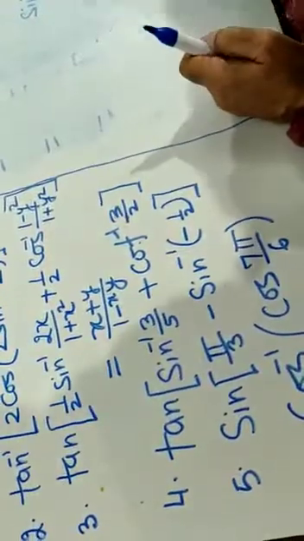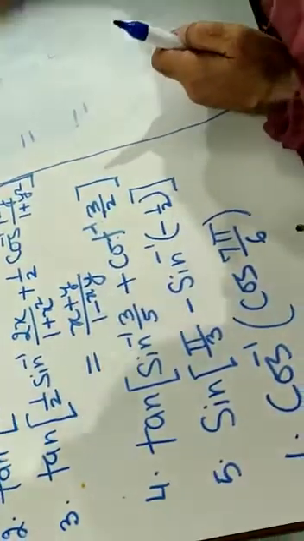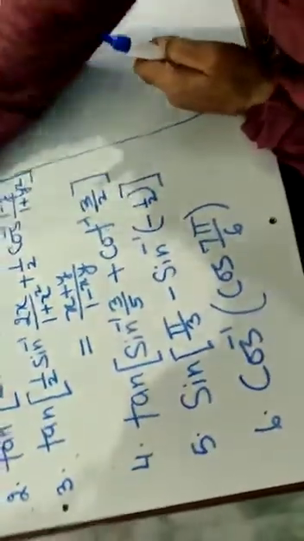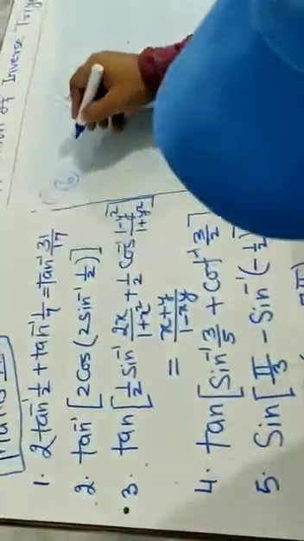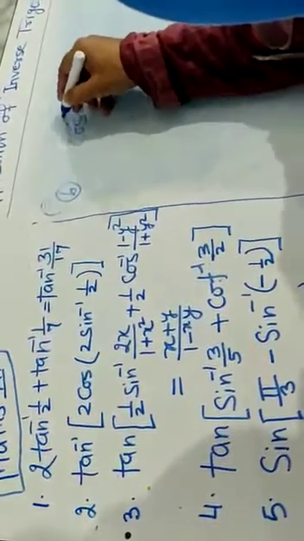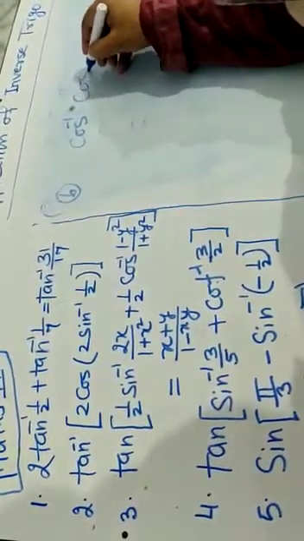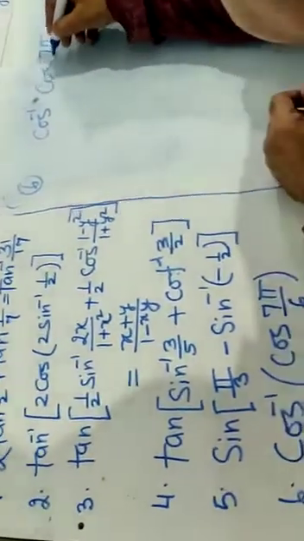Your last question is cos inverse cos 7 pi by 6.